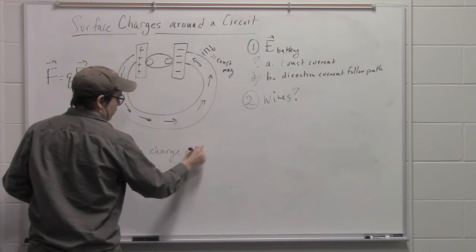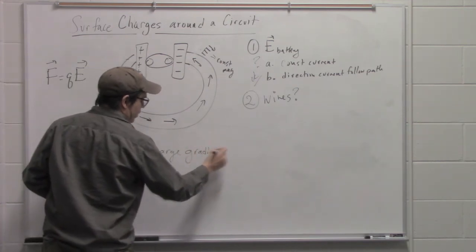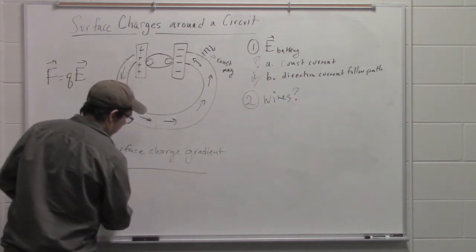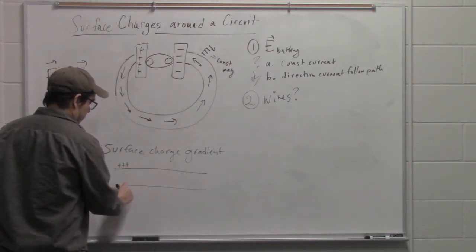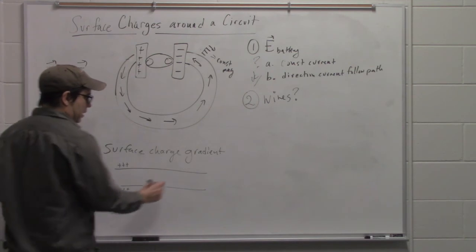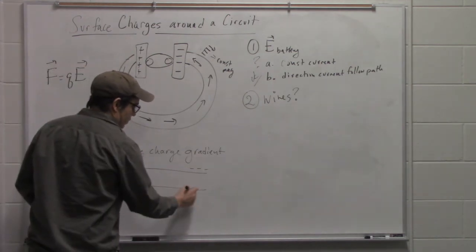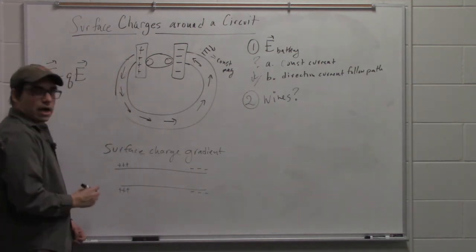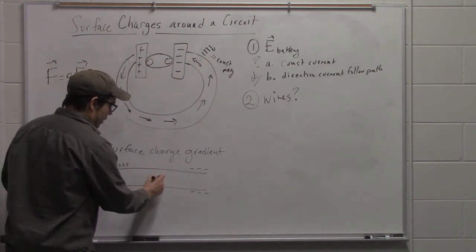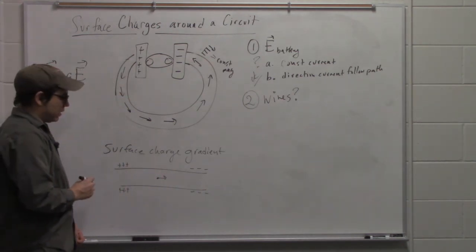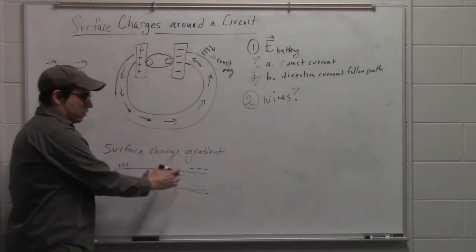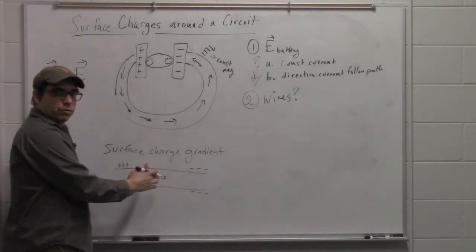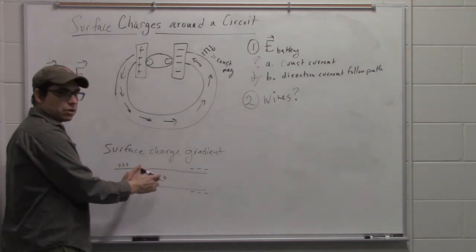So you can think about it this way. If I were to have a piece of the wire like this, and there was a bunch of positive charges over on this end of the wire, and a bunch of negative charges over on this end of the wire, I would produce an electric field that points to the right like this. Now, in going from this large positive to this large negative, we'll have to go through zero net charge.